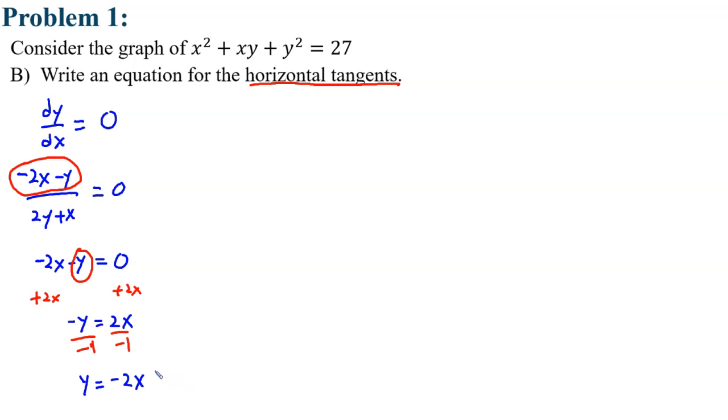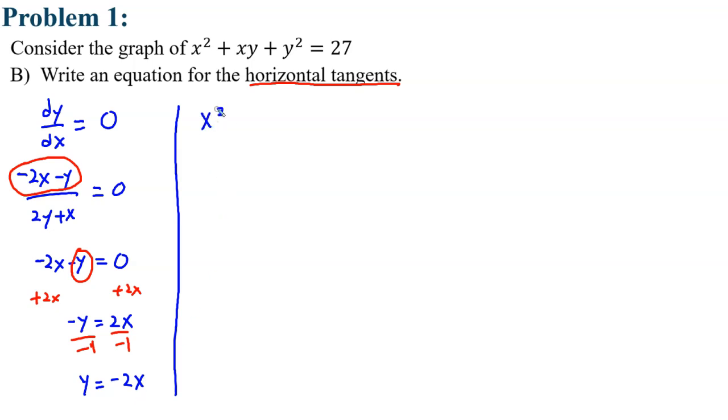Okay, so the spots on this curve where I have a horizontal tangent line are going to be the solution to y equals negative 2x that fits in this equation, that makes this equation true. So what we can do next is rewrite our implicit equation. Instead of y's, though, we'll plug in this negative 2x.